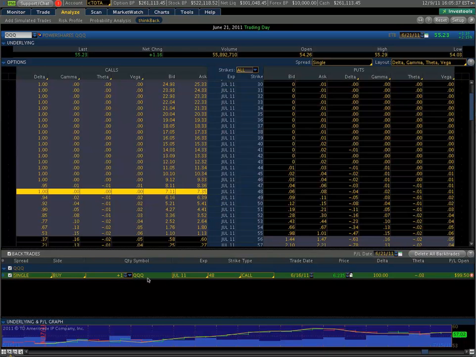So in order to figure out why you have a $99 profit here, you take the one contract times the delta times the number of shares that you are able to purchase with that single contract, which is 100, and it gives you a $100 profit.